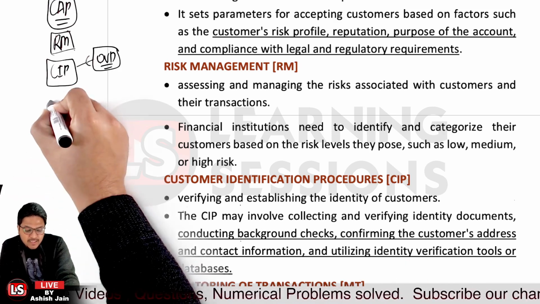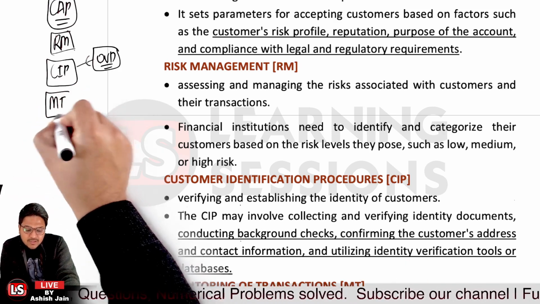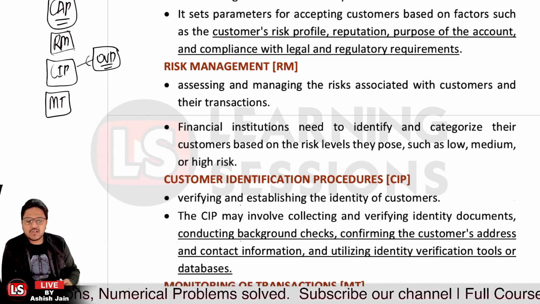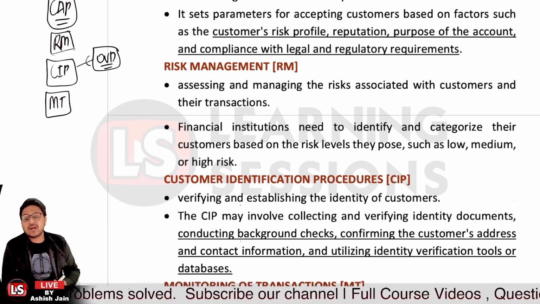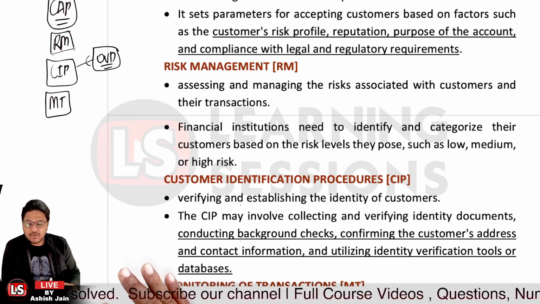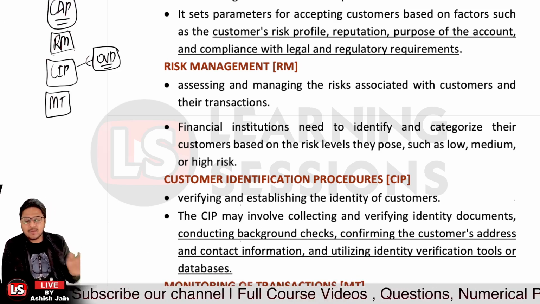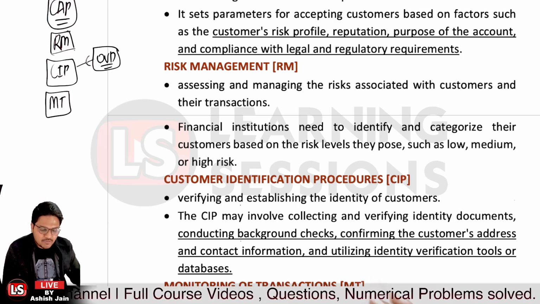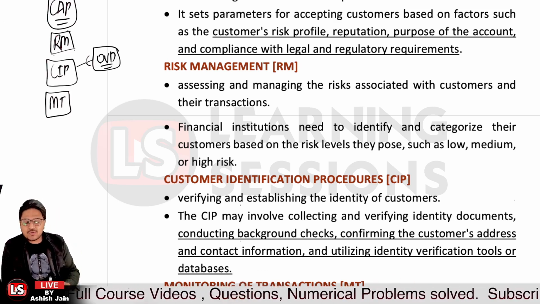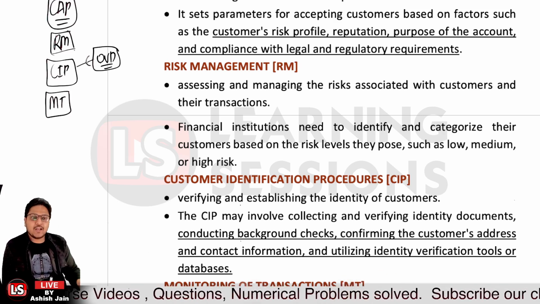And the fourth one is related to monitoring the transactions. It's not the case that you have established the banker-customer relationship and it's all done. No, whatever transactions are being transacted by the customer with the bank, you are to monitor those transactions. You can take the help of data science, data warehousing, data mining techniques, or even big data, to analyze the patterns and find out any anomaly if it is present.